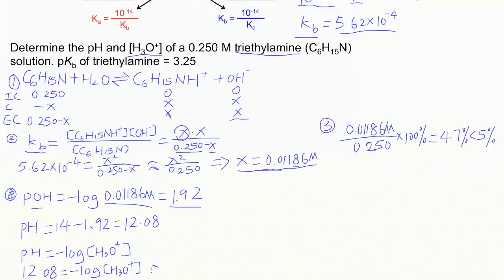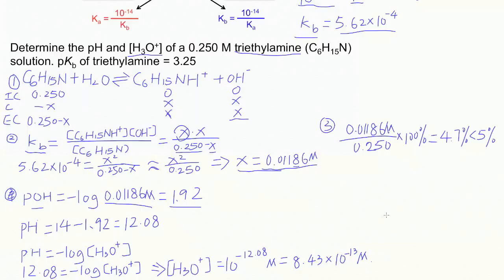So my calculation gives me hydronium concentration equals 10 to the negative 12.08 mole per liter, and that gives me 8.43 times 10 to the negative 13 mole per liter. Okay, so we got it.